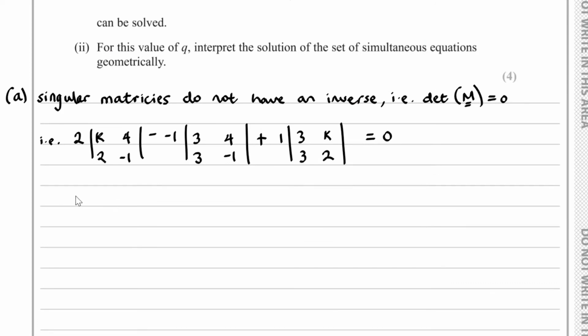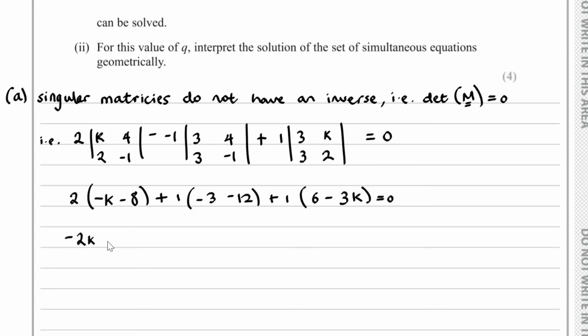So if we work this out, we have 2 lots of minus k minus 8, and then plus 1 lots of minus 3 minus 12, plus 1 lots of 6 minus 3k, and this equals 0. If we expand and simplify, we have minus 2k minus 16 minus 3 minus 12 plus 6 minus 3k equals 0.